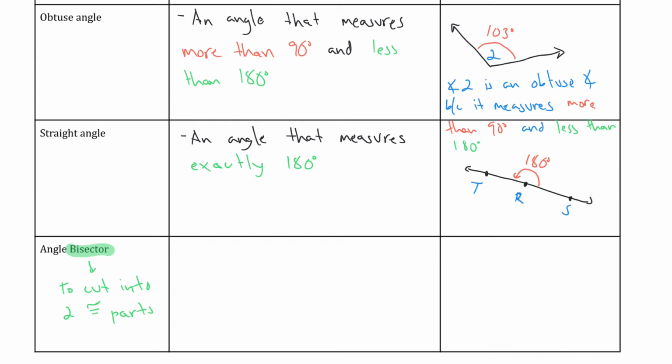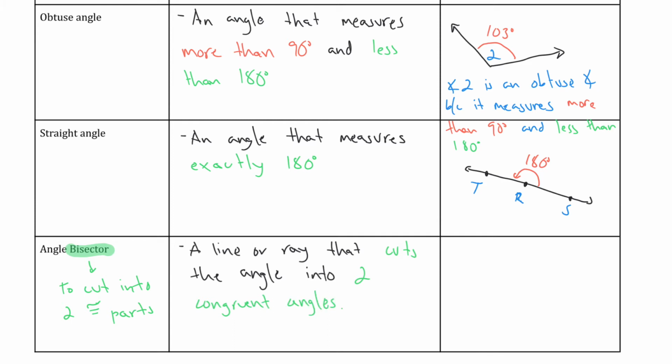So an angle bisector is going to be a line or ray that cuts the angle into two congruent angles.